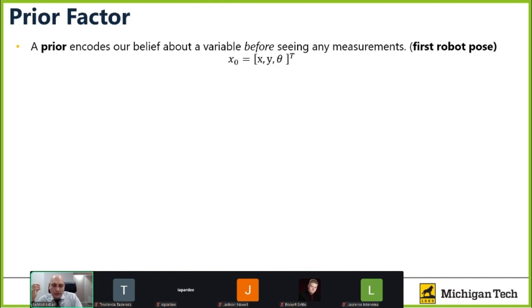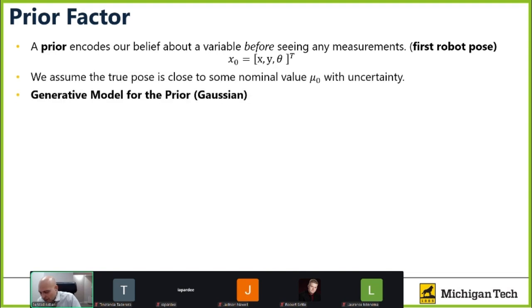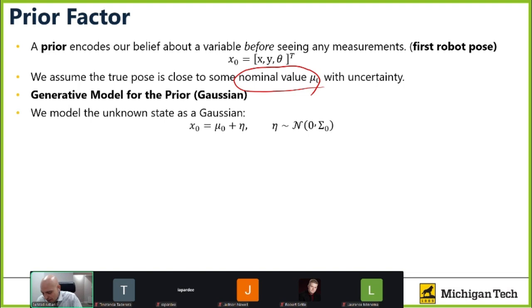For prior it is the same too. In the prior, we have some prior information, and this prior information is mu0. So we know, for example, the robot position at point 0 is mu0. Okay, so easily, this mu0 is going to give you the first state.